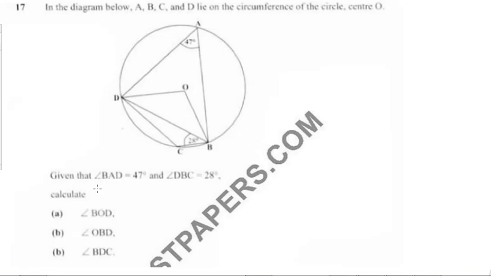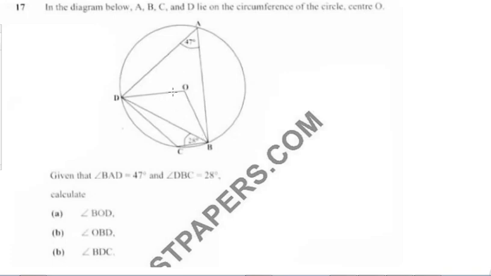So let's get straight to the point. We've been asked to find BOD. How do we find BOD? You can pause the video and give it a try. BOD is an angle at the center of the circle, and we have another angle coming from the same points B and D at the circumference. We agreed that the angle at the circumference is half the angle at the center, coming from the same points.